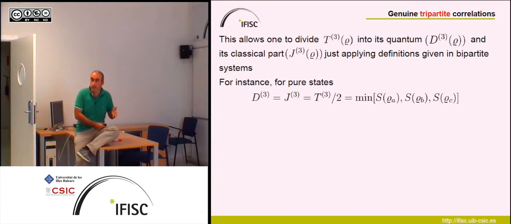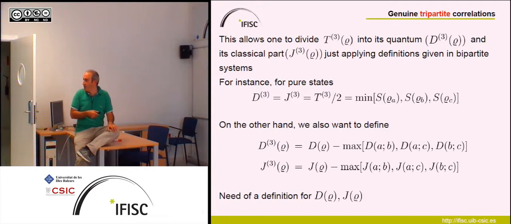It's just to extend one part, calling AB just A prime, and to study the correlation between A prime and C. We are reducing the level of difficulty of the problem. And for 2 states, the result is very simple, because D3 and J3 are equal to the minimum of the 3 possible Shannon entropies of the subparties.